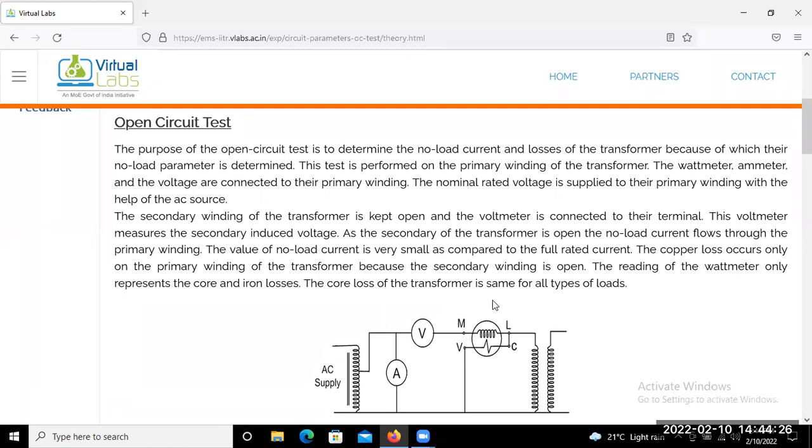But if you perform this open circuit test at the HV side, then you require the rated voltage of that winding, and you are not able to measure 11 kilovolt with a standard measuring instrument. Is it clear why we perform the LV winding for the open circuit and the HV winding for the short circuit?